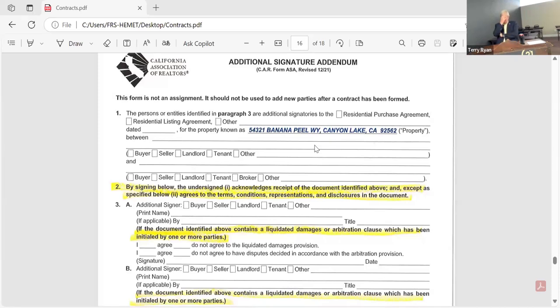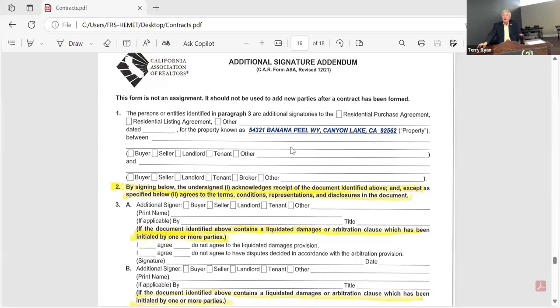Or if you had people living in different states and so they weren't all around to sign the original paperwork, the original disclosures, whatever stage you are in the transaction, then you can still get them involved without having to redo and rewrite everything by doing an additional signature addendum.